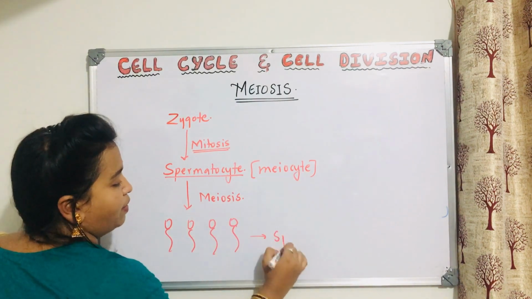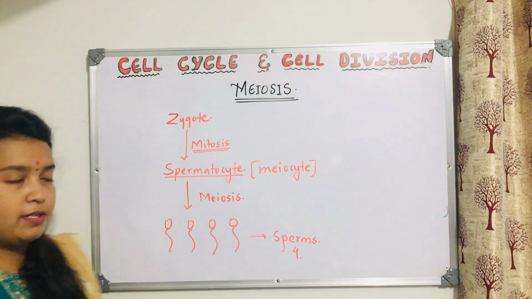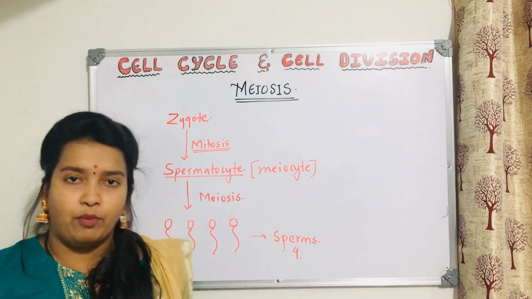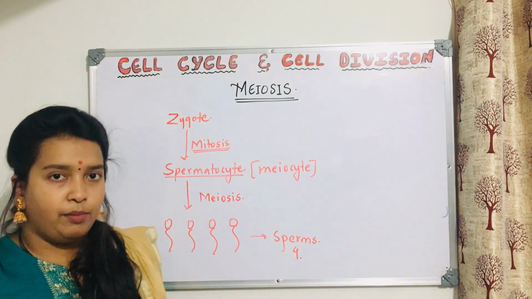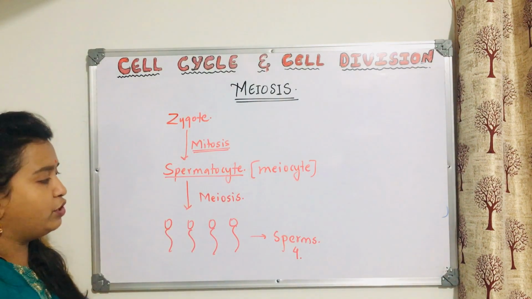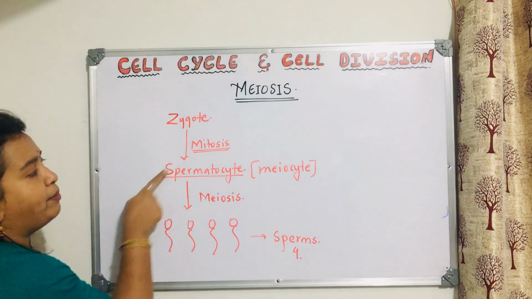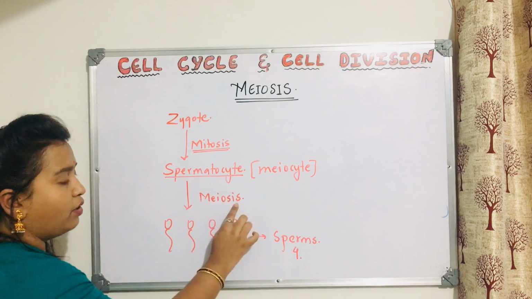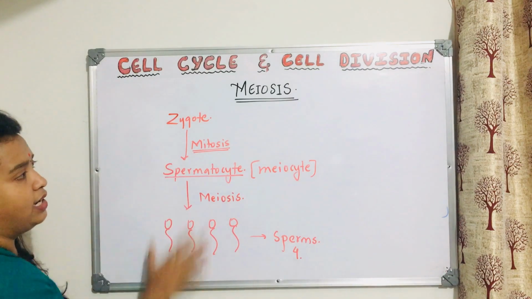How many? 4 functional sperms. If it is an egg, 1 is functional and 3 become polar bodies because of unequal division. That we are not discussing here because we are concerned about the confusion. So here, the zygote underwent mitosis to form spermatocytes, and spermatocytes will undergo meiosis to form sperms. Clear?